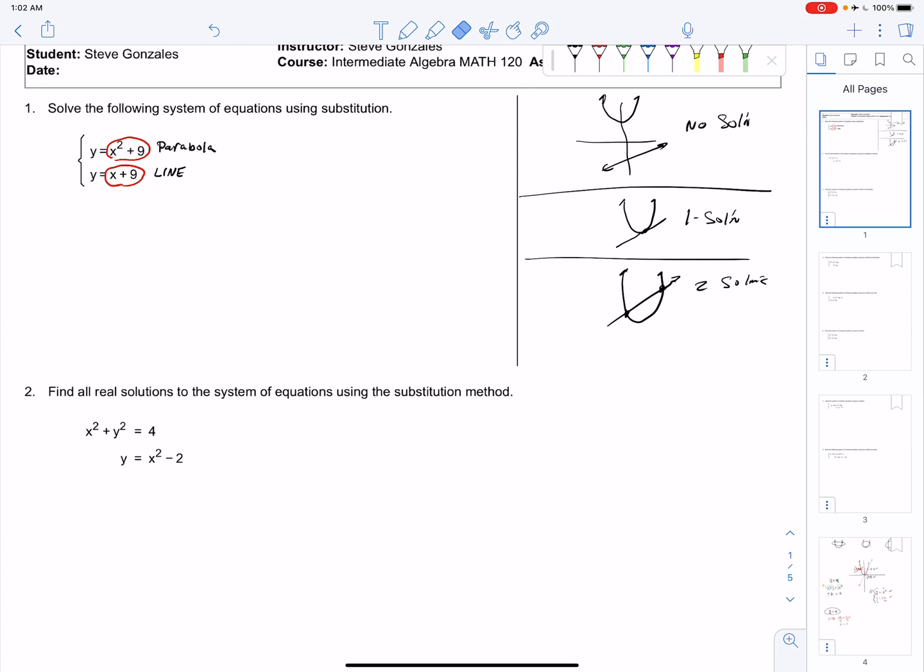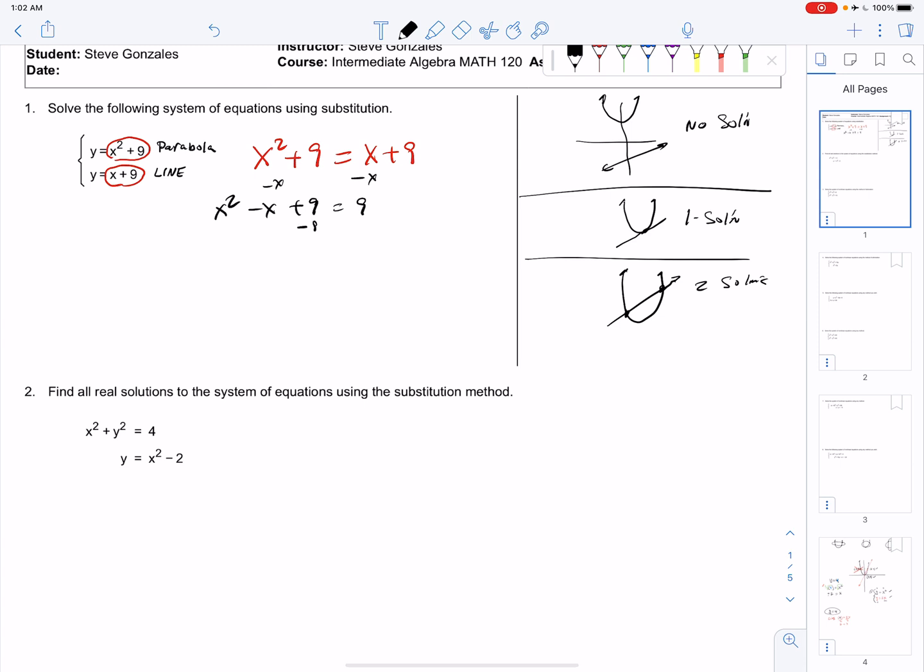So when you do that, you've got x squared plus 9, and that equals the other equation, x plus 9. So we go ahead and solve, and this is a quadratic, so we're going to subtract x on both sides. So we've got x squared minus x plus 9 equals 9.